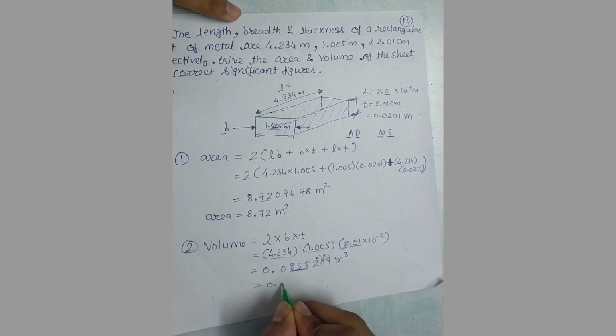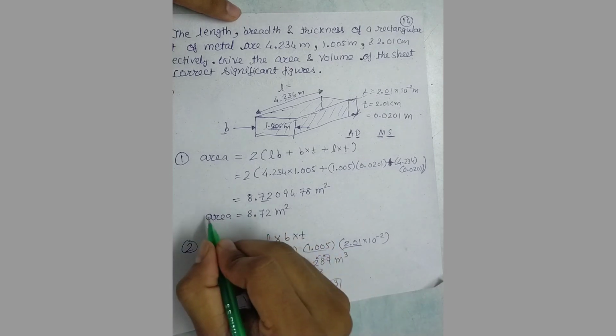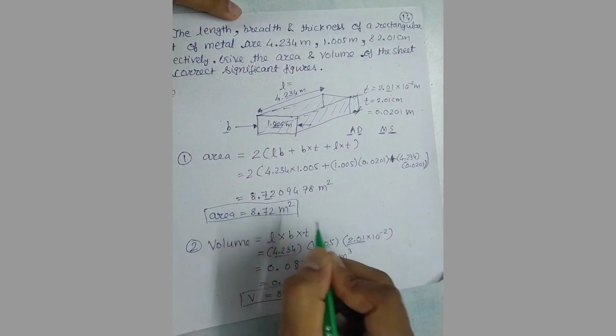So we can say it is 0.0855 meter cube, or you can write 8.55 into 10 raised to minus 2 meter cube as the value of the volume. I hope it is clear to you.